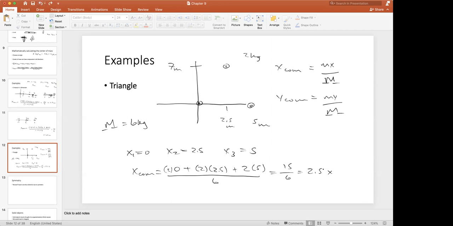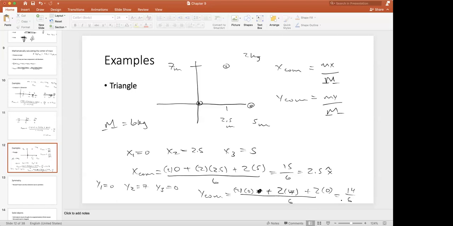However, in the y, things are a little bit more complicated. And that's because y1 is 0, y2 is 7, and y3 is 0. So we see that y center of mass is 2 times 0 for mass 1, plus 2 times 7 for mass 2, plus 2 times 0 for mass 3, all over 6. This is 14/6, which is 7/3.